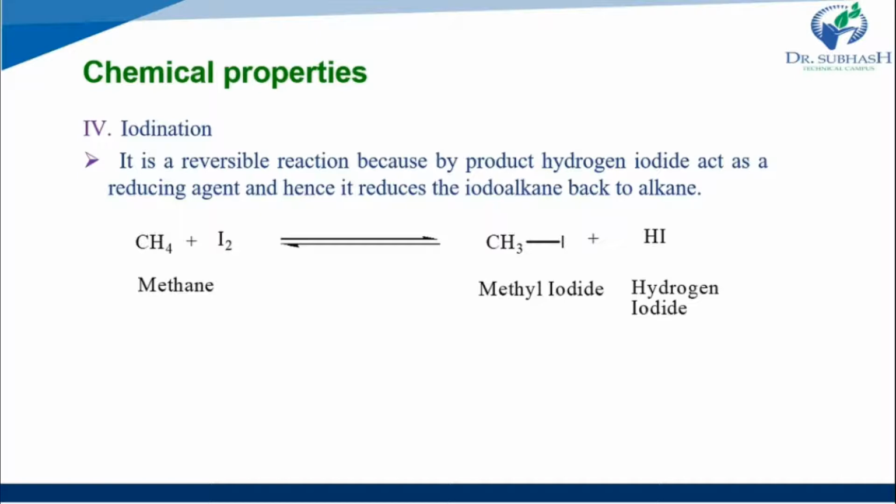So methane plus iodine react, making methyl iodide and HI, that is hydrogen iodide. This is the iodination reaction. These are the 4 reactions that occur in halogenation.